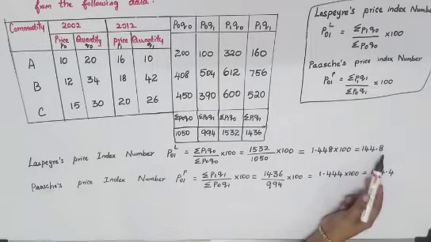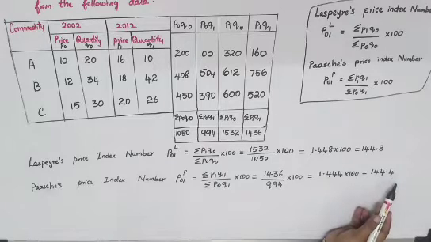So you can see the difference here, that is your percentages. 44.8 percentage it is increased, and here 44.4 percentage is increased.